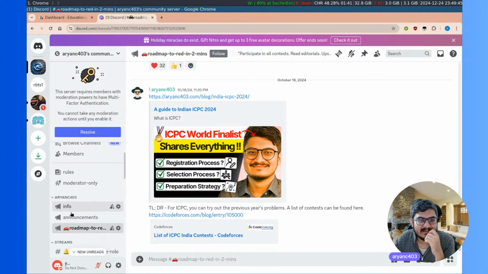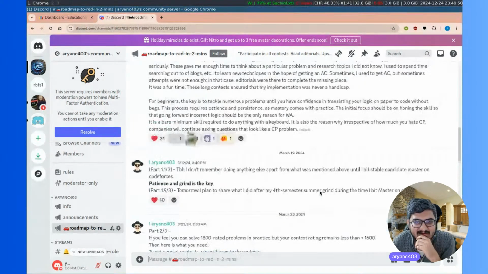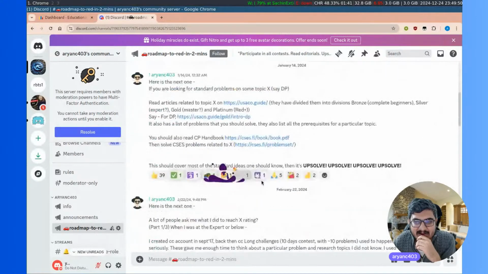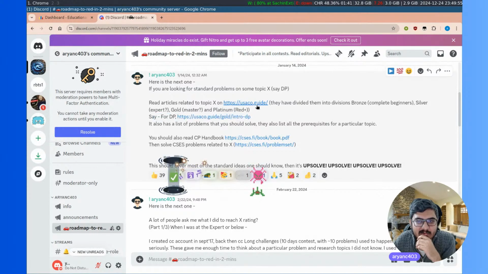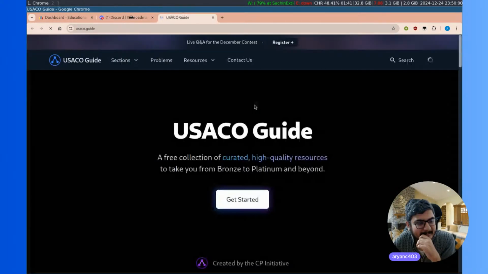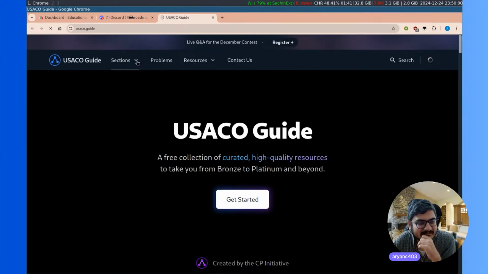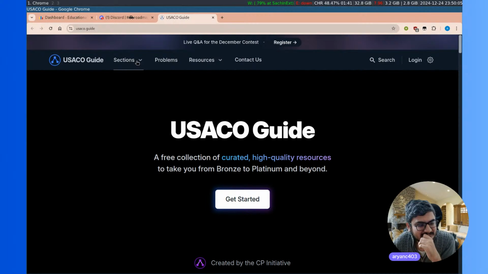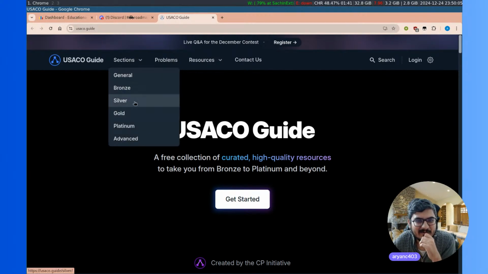Then you can check this channel, roadmap to read in 2 minutes. Here you can find one of the books, which is the Competitive Programming Handbook. If you want some website, you can look at the USACO guide. There are three divisions: bronze, silver, gold, etc. If you have just started, bronze is around Div 4, and platinum is harder than Div 3.